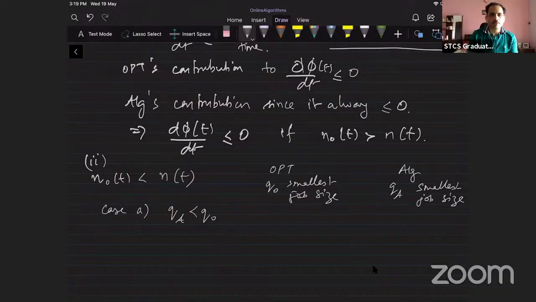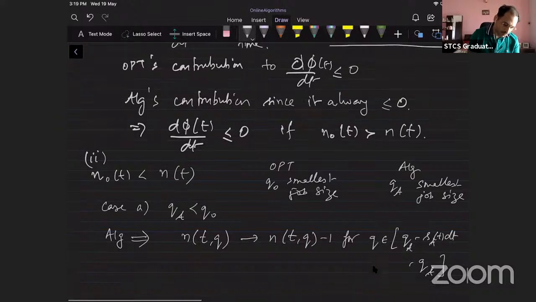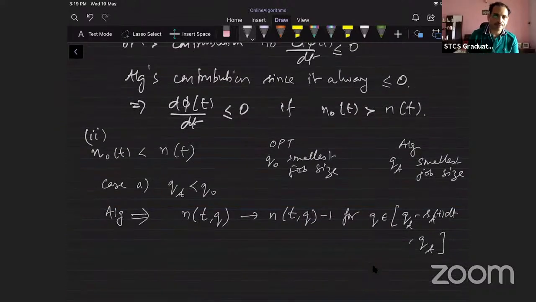So when QA is less than or equal to Q0, the algorithm, this we have done before, changes n of t comma Q to n of t comma Q minus 1 for Q belonging to QA minus SA(t) dt comma QA. Right? Everybody is with me on this? That this is what the algorithm is doing, because it's processing the smallest job, which is of size QA, at speed SA of t.